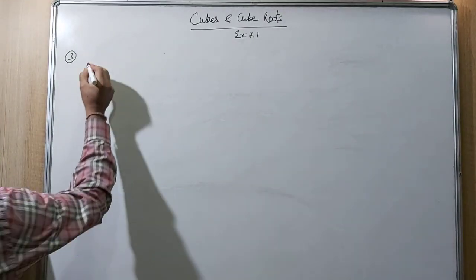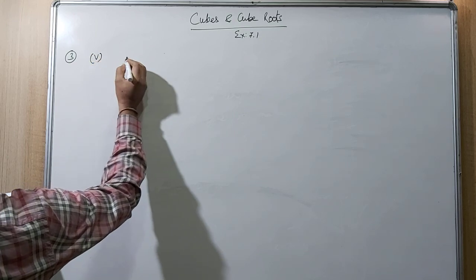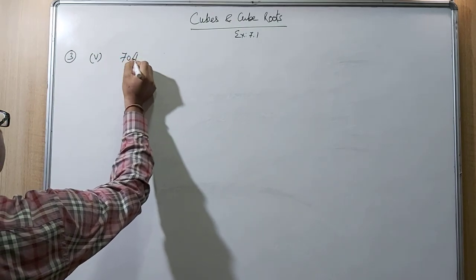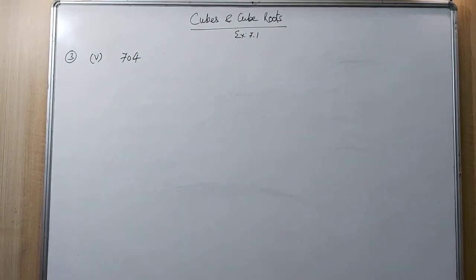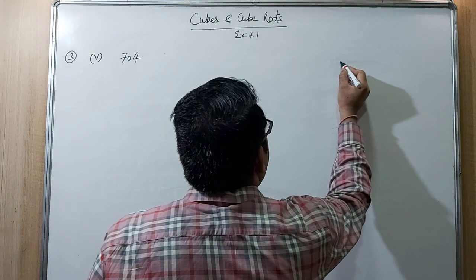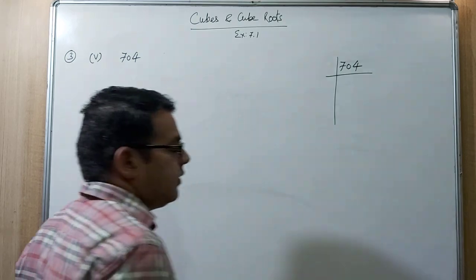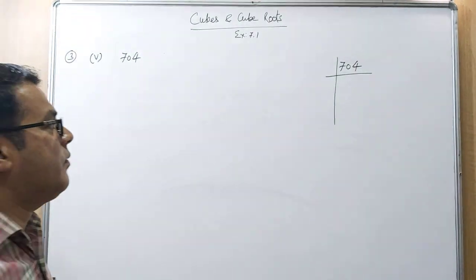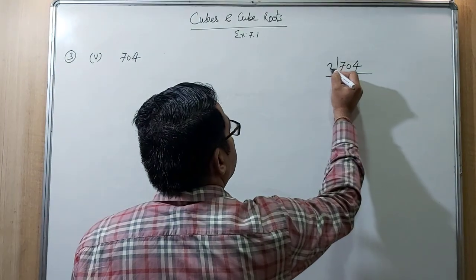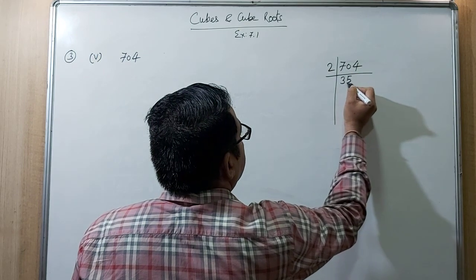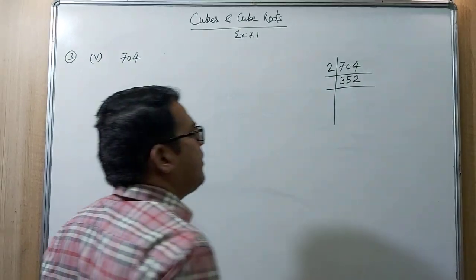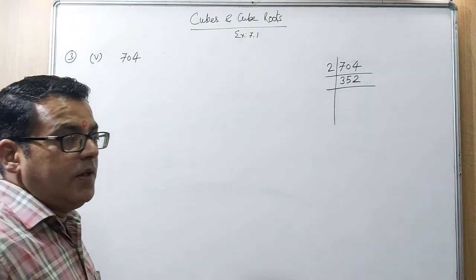Now one more part, the fifth part, I am solving here. It is 704. First thing, we need to take prime factors by 2. 352 times we can divide it.